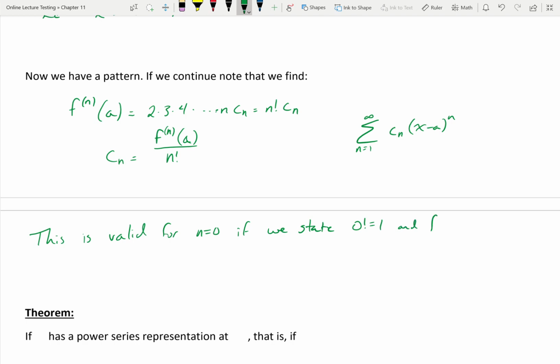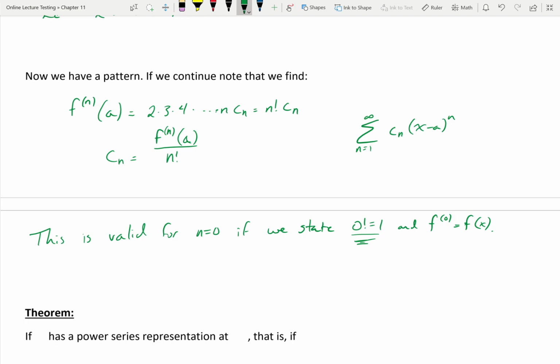And f, the 0th derivative, is equal to the original function. So those are the two things that we have to hold. And again, this 0 factorial, this is the definition. That will always be the case. So then this way we have no division by 0. And if we don't take a derivative, then we're left with the original function.